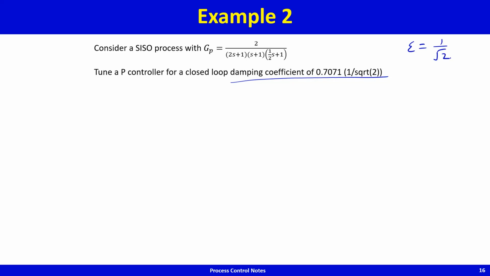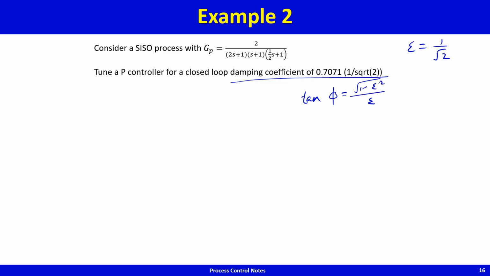Notice that when chi is equal to 1 by square root 2, we know that tan phi is equal to the imaginary part of the root magnitude divided by the real part of the root magnitude, and that is equal to square root of 1 minus chi square divided by chi.